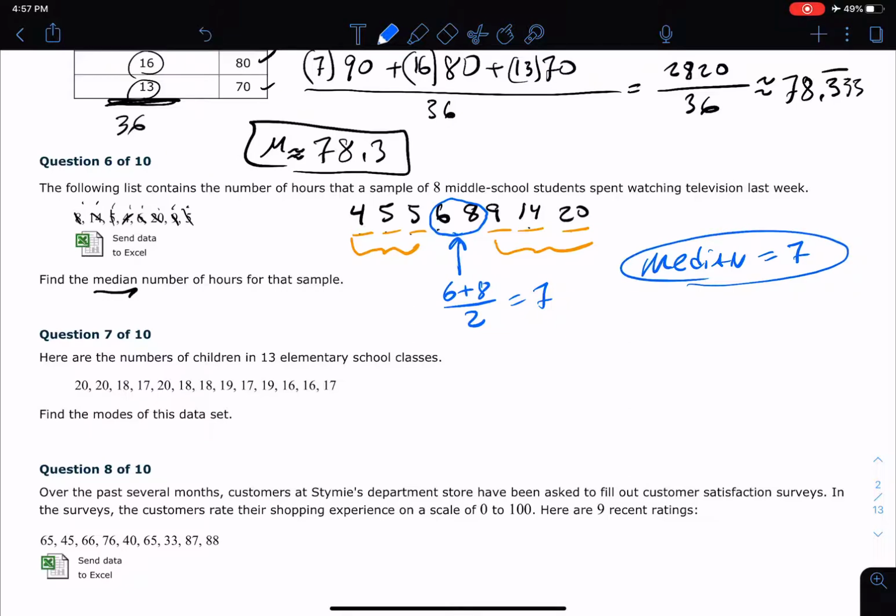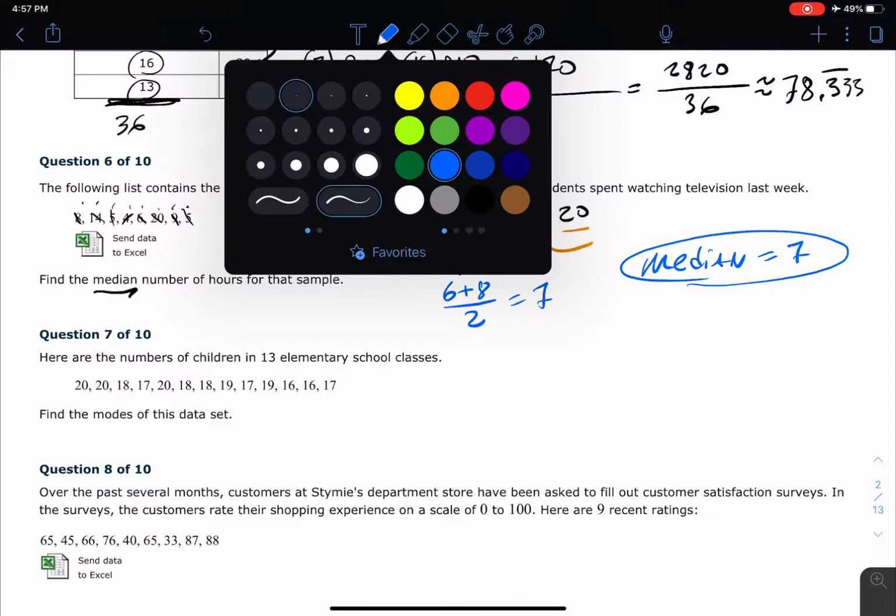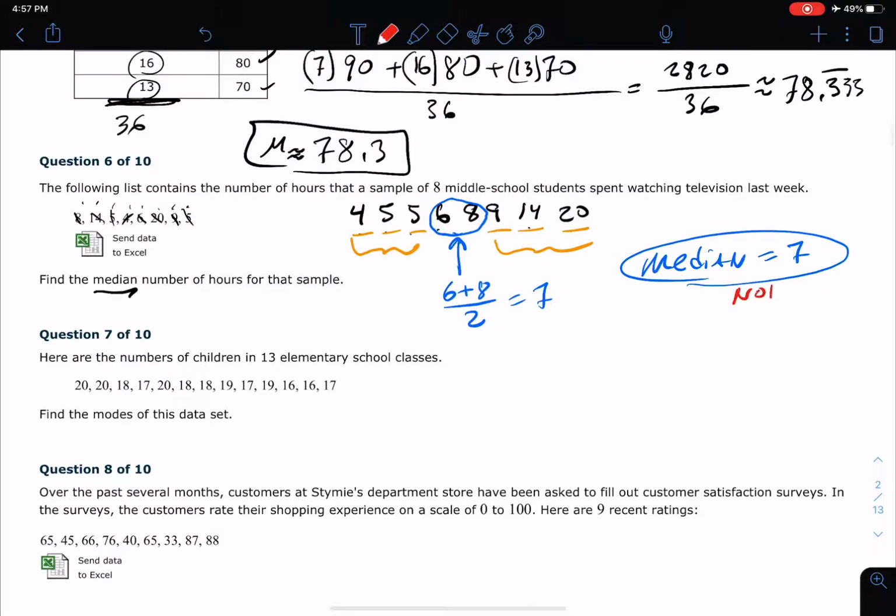The note that I wanted to show, and I already put it in my notes at the very beginning, is this. This is 1, 2, 3, 4, 5, 6, 7, 8, an even number of data. But what happens if you have an odd number of data? Actually, it's a little more obvious with an odd number of data.